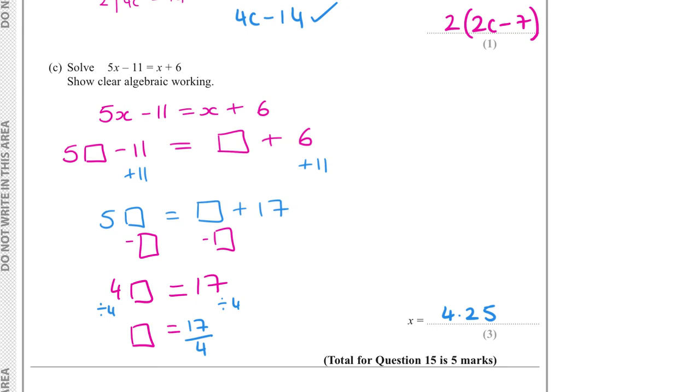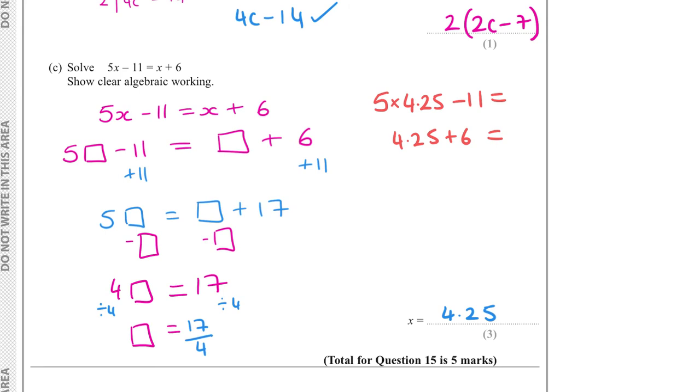Now, let's just double check. Let's see if this makes sense. Going back to what we said earlier, 5 lots of the number, so 5 times 4.25 minus 11, what do we get? That should be the same as 4.25 plus 6, shouldn't it? So let's check that this is right.